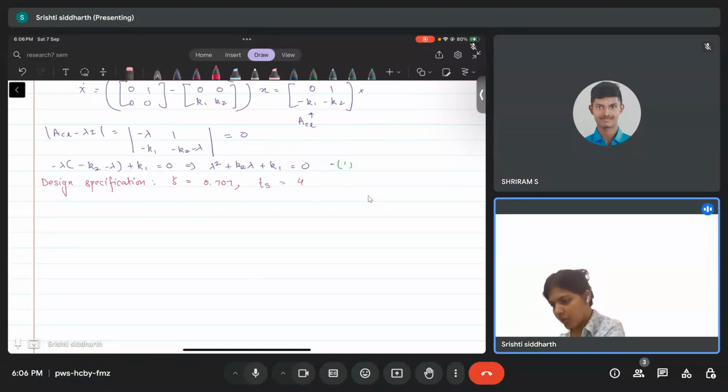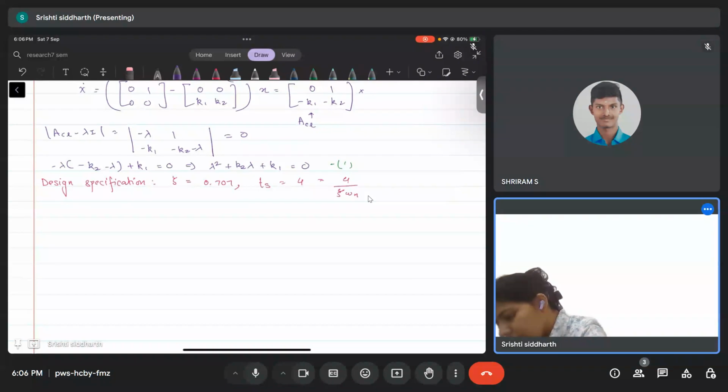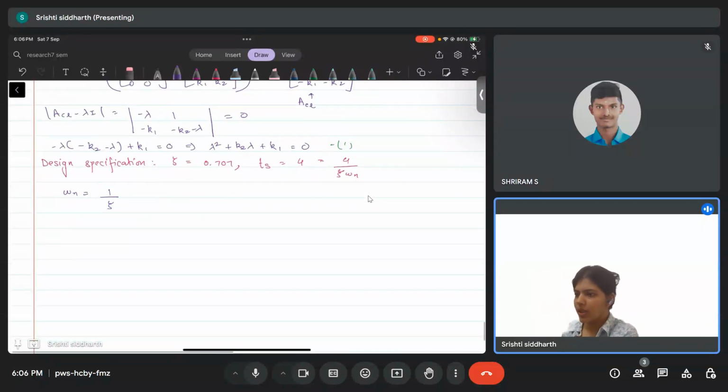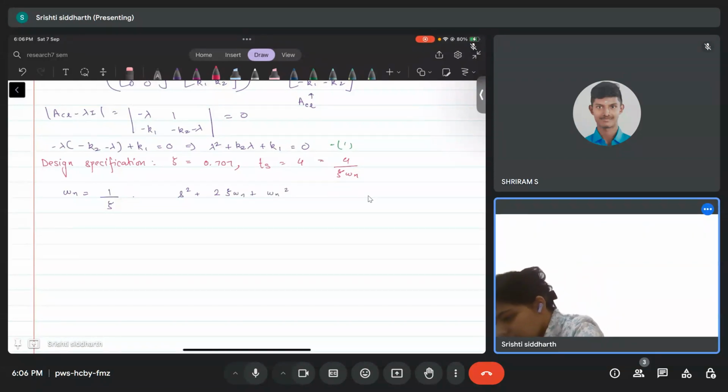The formula for settling time is 4 upon zeta omega n. So if this is the case, then what's the desired characteristic equation? It's simply s square plus 2 zeta omega n s plus omega n squared, right? So this is the desired characteristic equation.